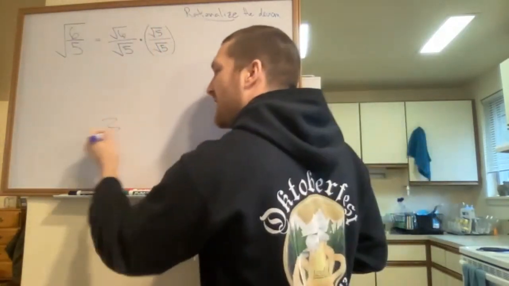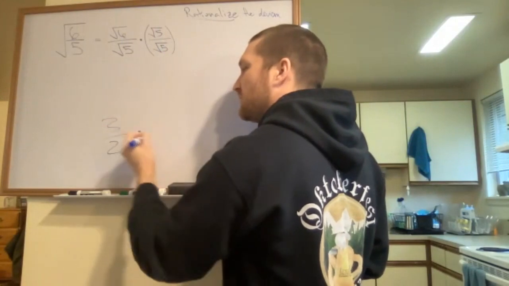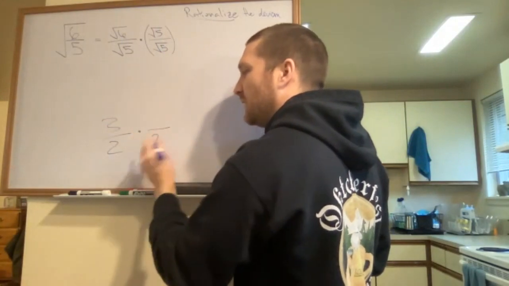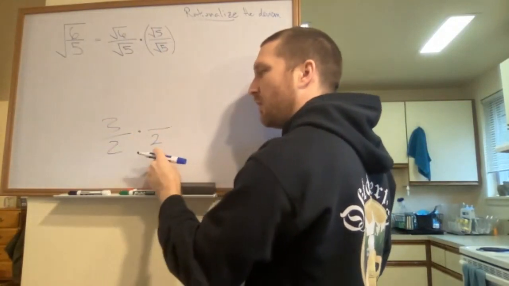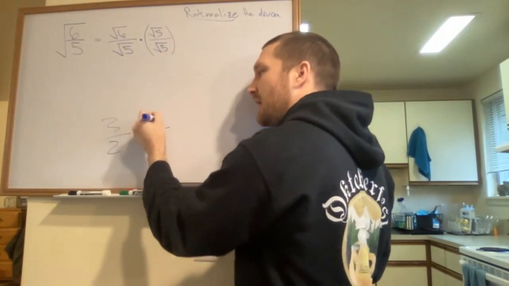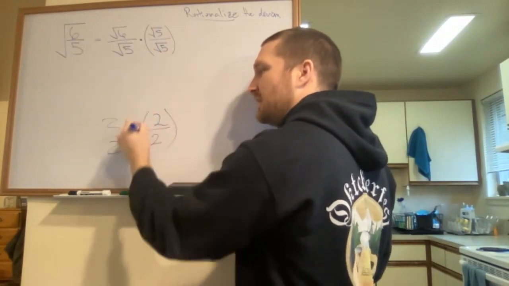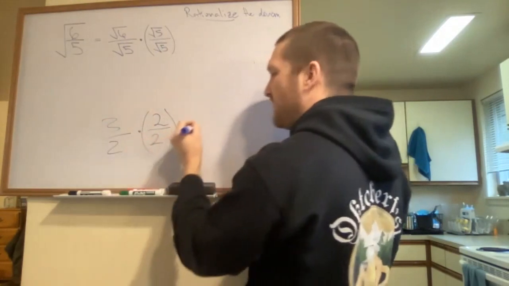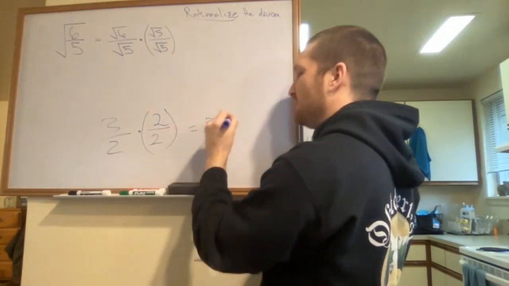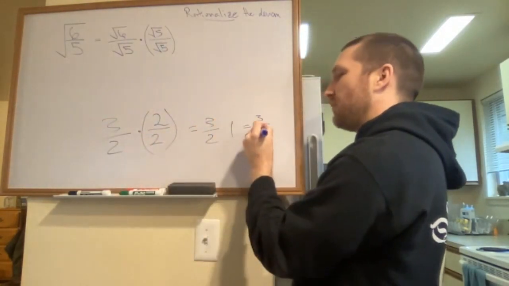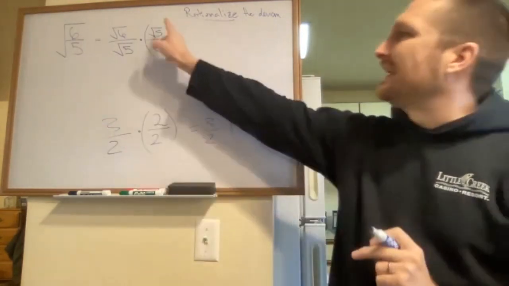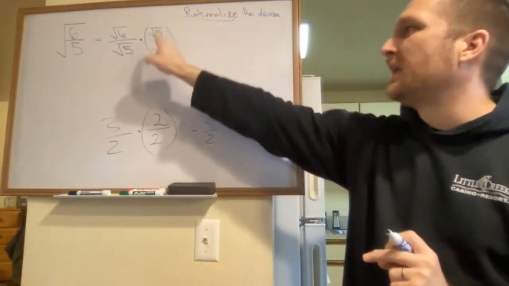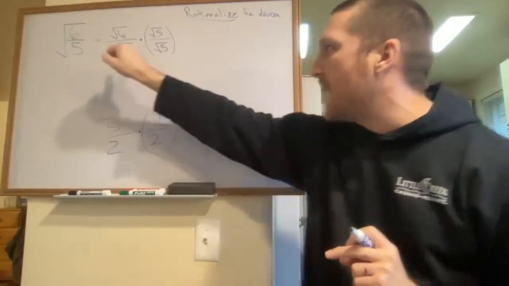Just like when I had 3/2 and I needed to multiply the denominator by 2 in order to change that into a 4, I could say, well, as long as whatever I put on the bottom is whatever's on the top, that's the same thing as 3/2 times 1. And so it's still equal to 3/2. And so the key here is, how do I write 1 in a way that's going to help me out?